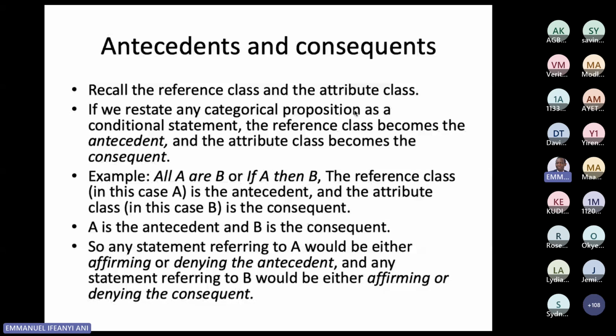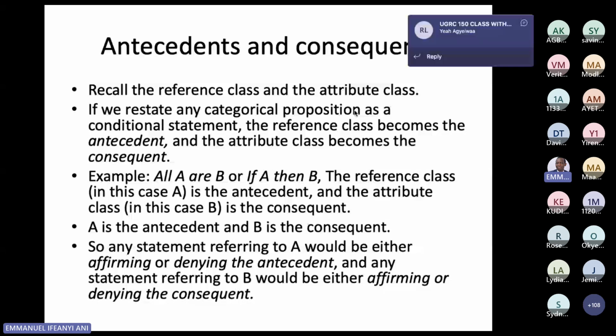So let's look at the difference between antecedents and consequence. Let's remember the distinction between the reference class and the attribute class. If we restate any categorical proposition as a conditional statement, the reference class becomes the antecedent and the attribute class becomes the consequent. Remember, we're working with both categorical and conditional statements.